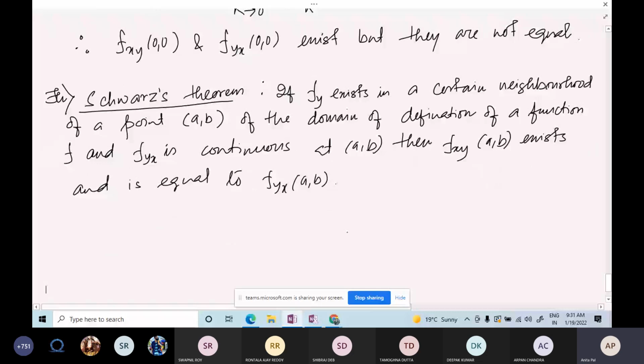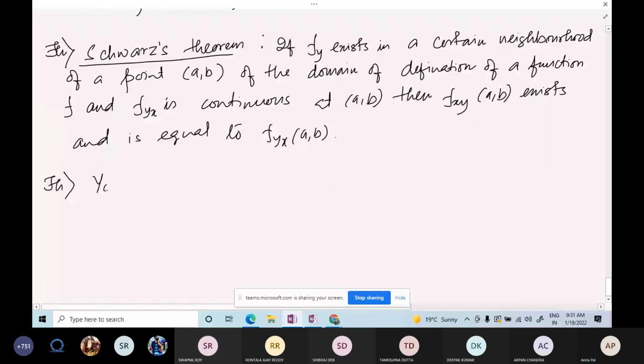Another theorem is given by Young, that is Young's theorem.